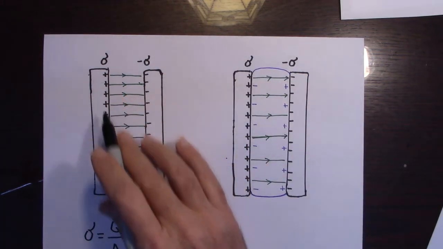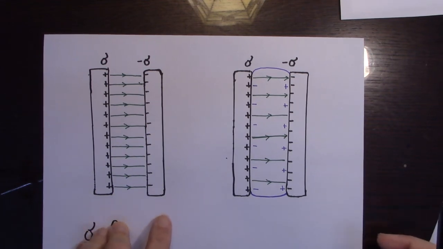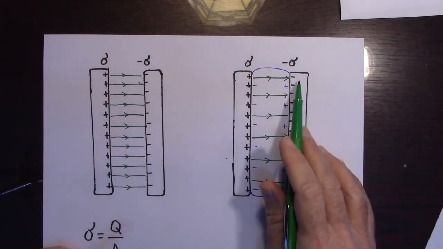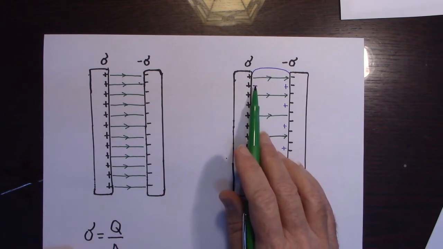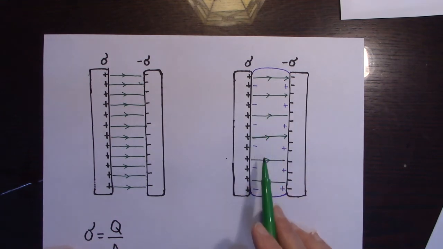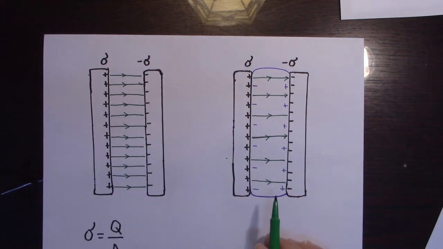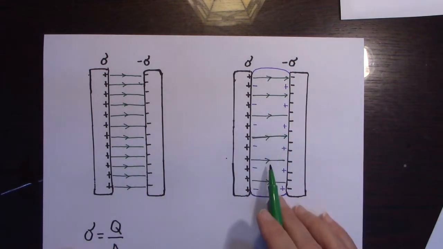And because you have some charge on these, you get this electric field that's going across. So what happens when you put a dielectric in there is the following. Some of those electric field lines don't go all the way over to the other side. They stop at the negative charges on the polarized atoms. So what you're doing is you're taking away some of the electric field lines. And so if this is not connected to a battery, when you put in a dielectric, the electric field goes down.